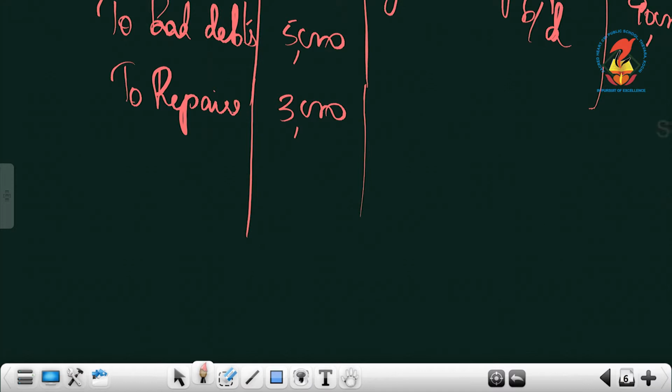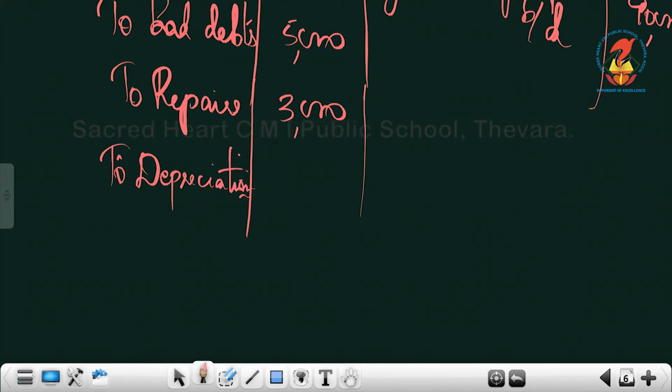Then furniture and fixtures, don't write, it is an asset. It's only in the balance sheet you need to write. To depreciation $10,000. Then to rent.